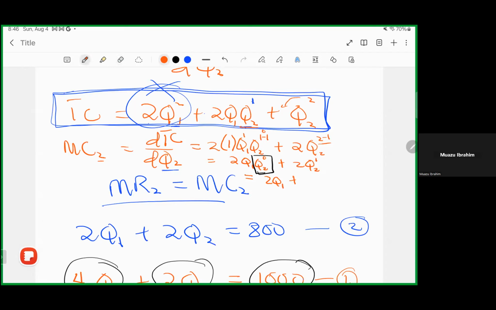So plus 2, and remember here the power is 1. Any number raised to the power 1 is that number. Here I'm not saying any number raised to the power 0 is 1, but in this particular case, we have raised to the power 1. So we will have the same 2Q here.